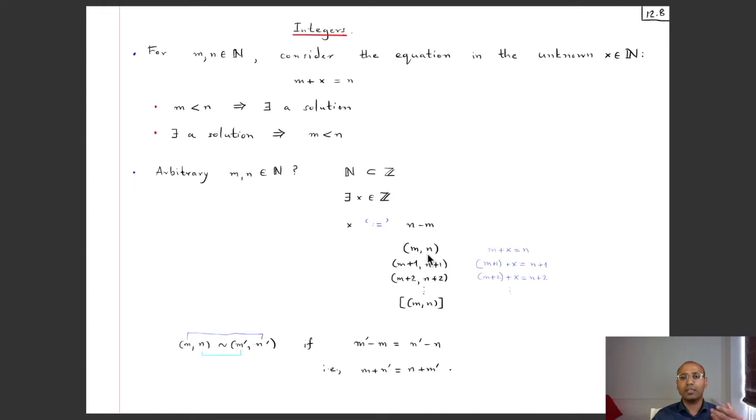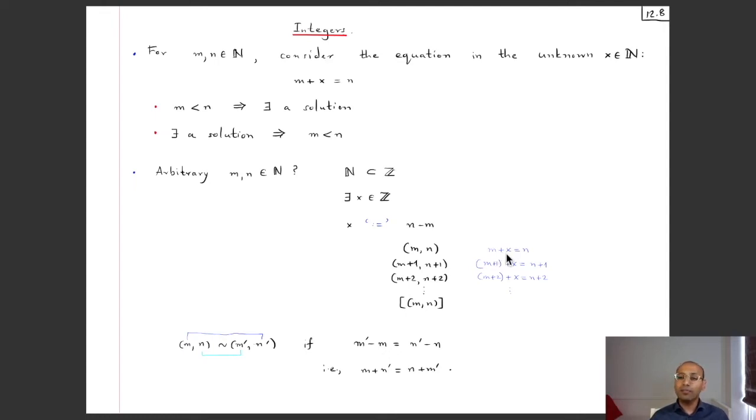But it is some x which is associated with this equation. The data given is m and n. M is on the left hand side, n is on the right hand side, and then the x which wants to be n minus m is associated with this equation. So we think of it as an ordered pair m comma n because it comes from this equation.